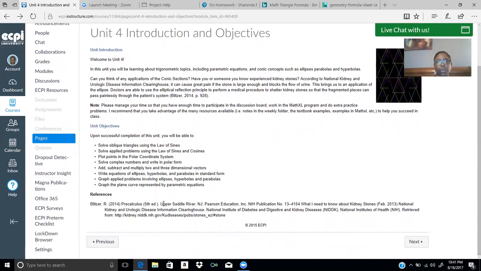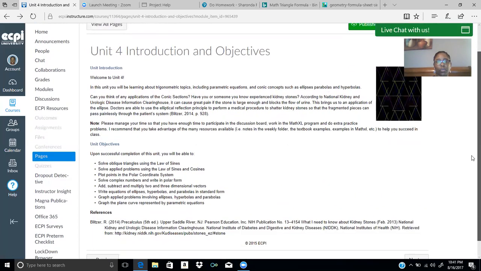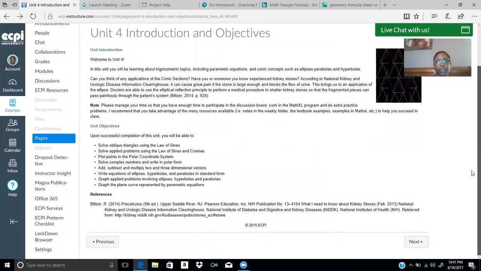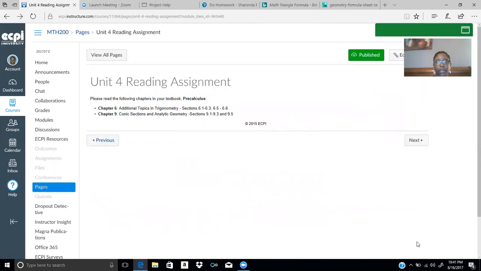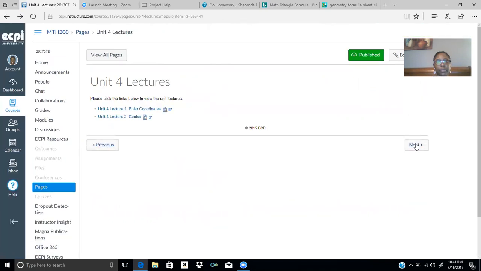Depending on your last name, it depends on what part of the conic. Let's go to it and see. Make sure that's how I set it up. All right, we have the reading, chapter 6, and then chapter 9. You have lecture on the polar coordinates as well as on the conics.